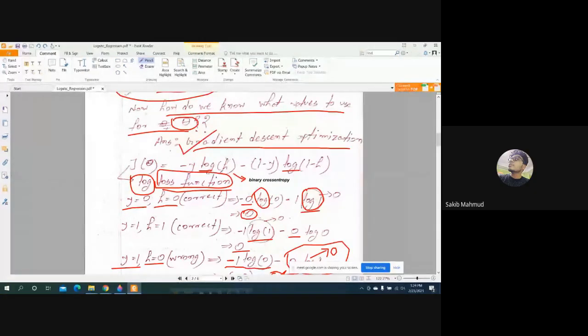First of all, answer some questions. We have two y's here. Are these variables or constants? Sir, constant. Variable. Why is this constant? Sir, 0 or 1? True label.